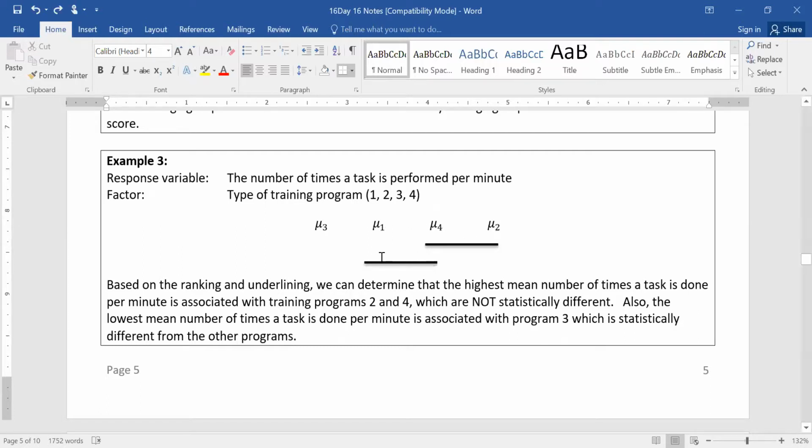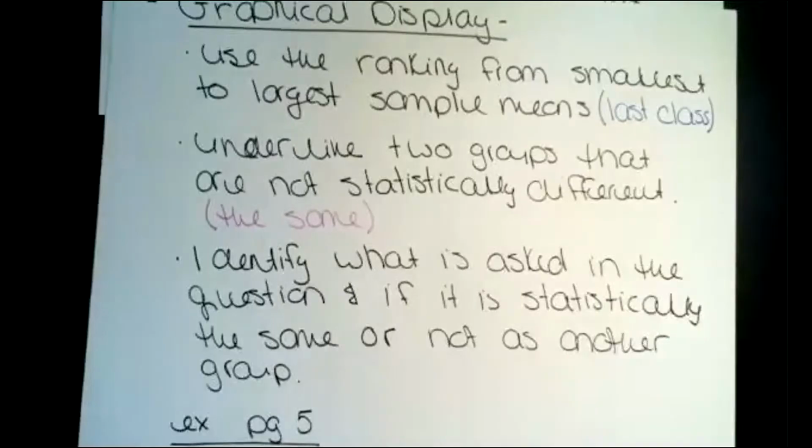Because take a look here, I have another underline, which means group 1 and group 4 are the same. That does not mean 1 and 2 are the same. If 1 and 2 are the same, you would have a big underline between the two of them. It's a little tricky. So you could just take a look at those examples of those write-ups because that can be one of the tricky parts here. I definitely think it is a tricky part.